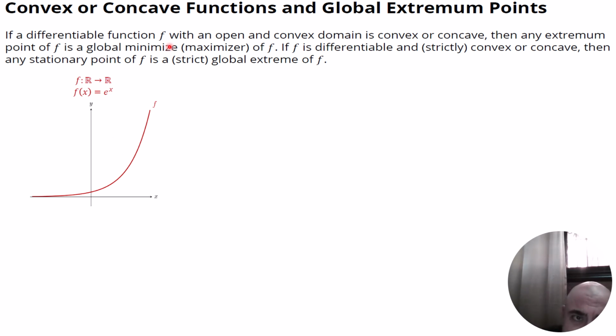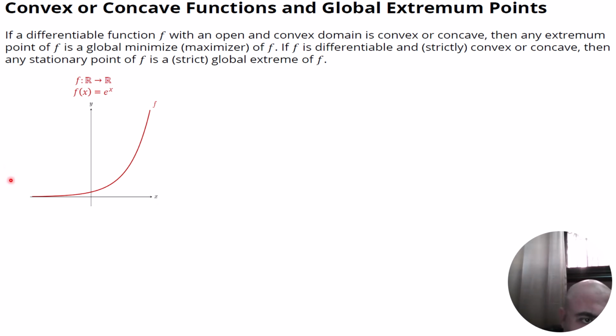If a differentiable function f has an open and convex domain, and is convex or concave, then any extremum point of f is a global extremum of f. If f is differentiable and strictly convex or concave, then the stationary point of f is a strict global extremum point. That's the case which will happen when you don't have a restriction.